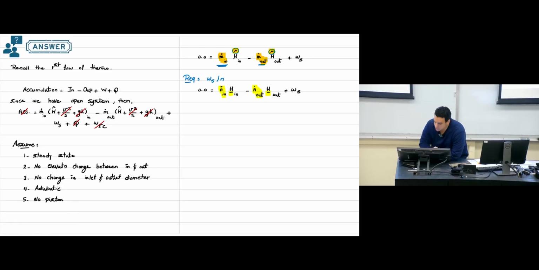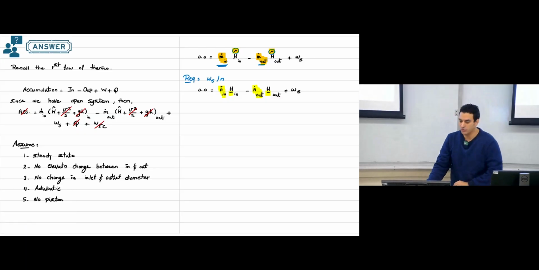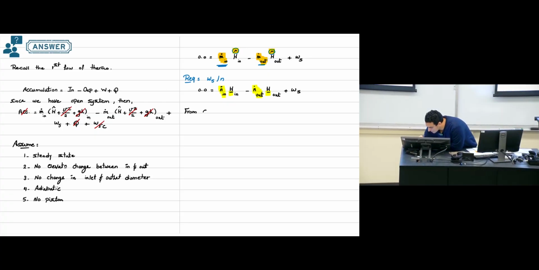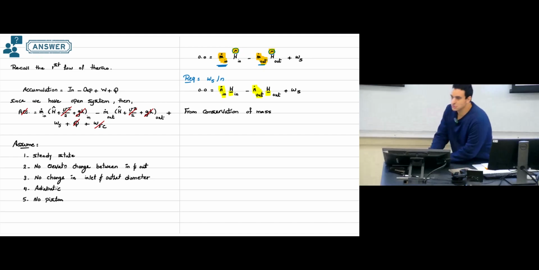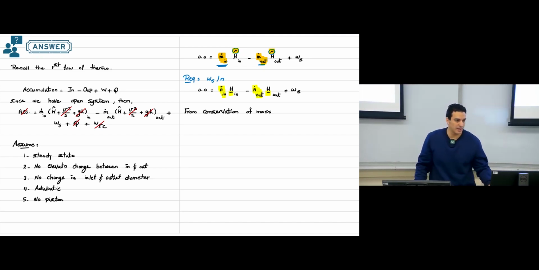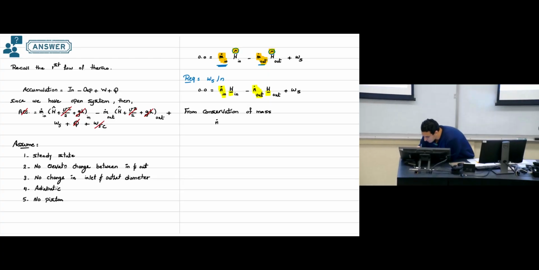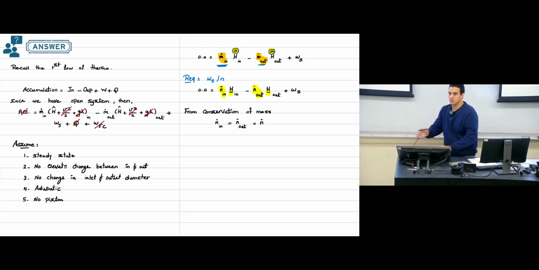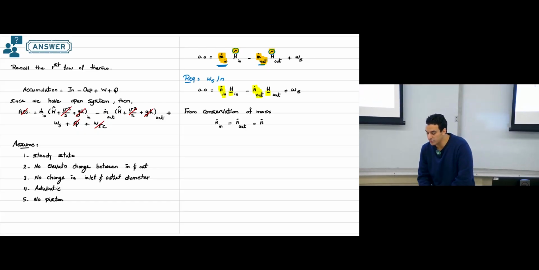In this example we have steady state, and if you remember from the conservation of mass, the principle said if accumulation equals 0, a steady state process, then the inlet and outlet will be the same. So the inlet moles equal the outlet moles, and this will be equal to n dot. So all the moles inlet and all the moles outlet will be the same.